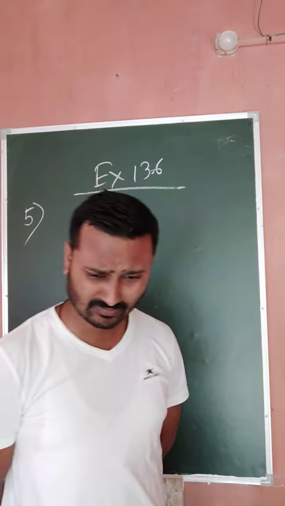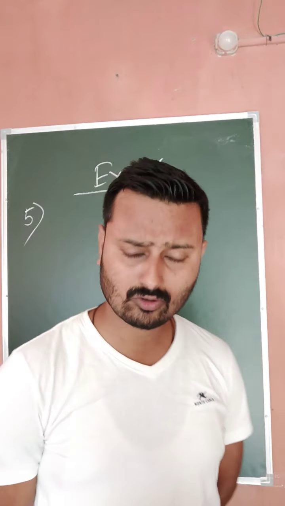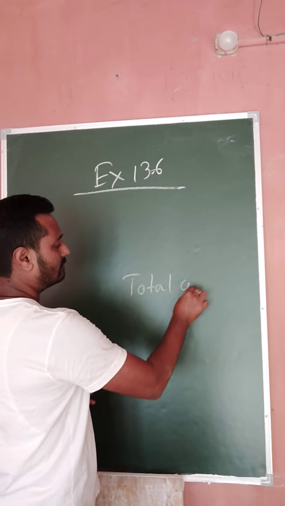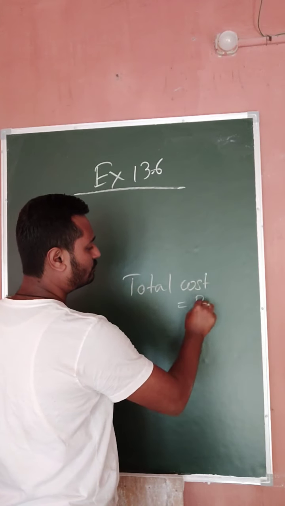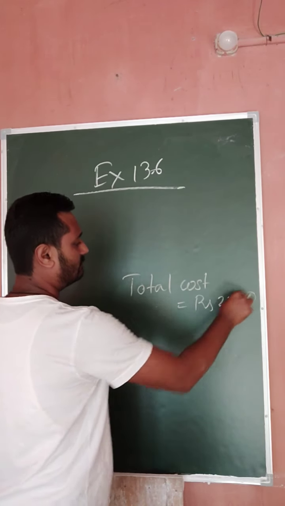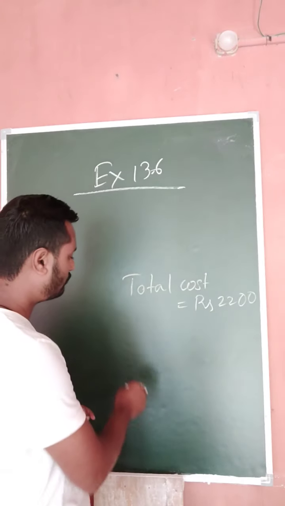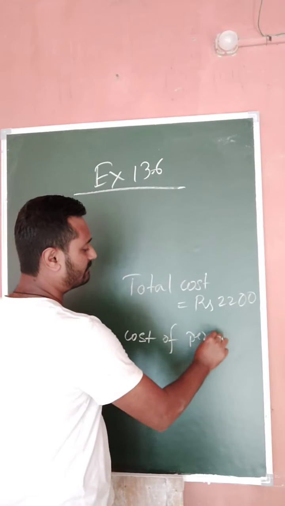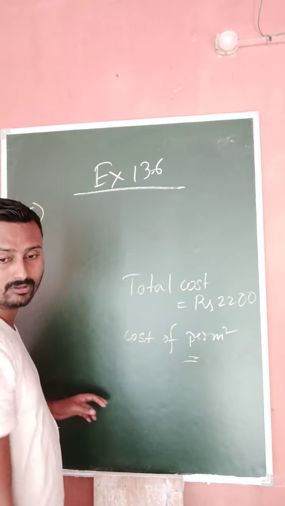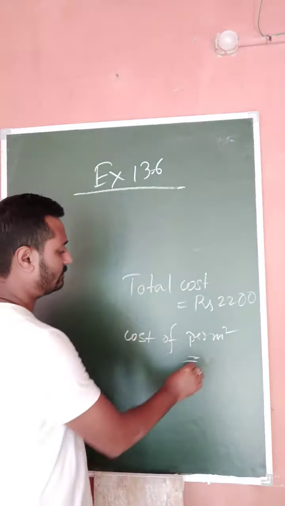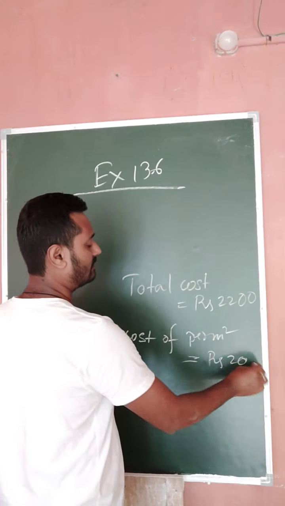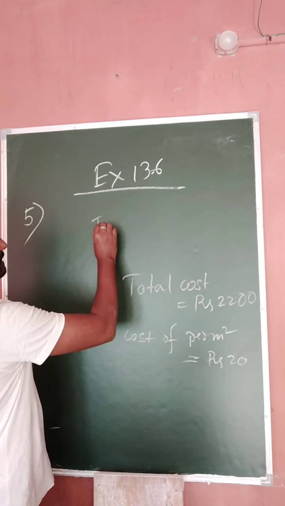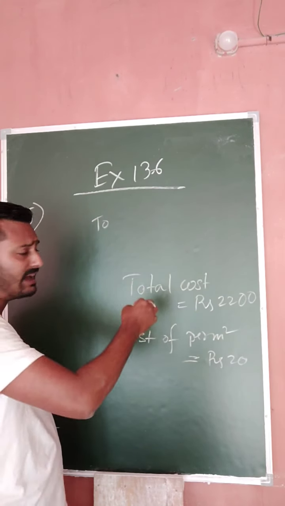That means the total cost is rupees 2200, and another thing given is that the cost per meter square, that is 1 meter square, is equal to rupees 20. Clear?